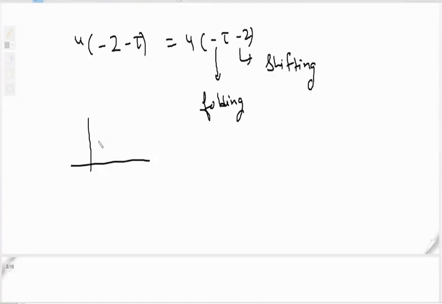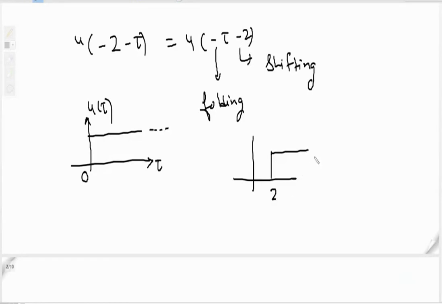So this is my standard signal u of tau. Origin here, tau here, up to infinity. Then first shifting, minus 2 is there, right? So signal will shift 2 units to the right-hand side. So this is the first shifting. After shifting, we got this signal u of tau minus 2.